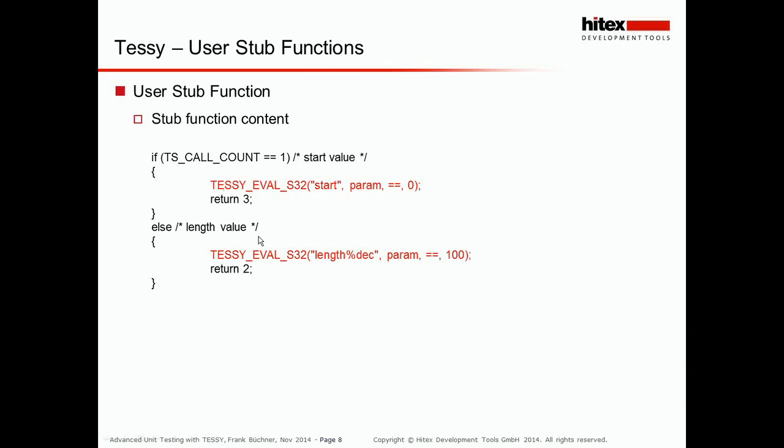And this evaluation macro here is quite similar. It also checks the parameter value, but then the length value is passed, and we know that the length is always 100, so this will again pass. Please notice here we can also specify a format.